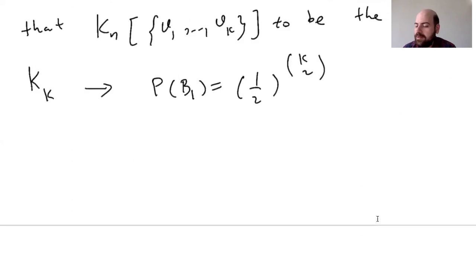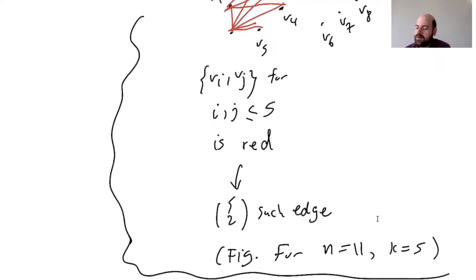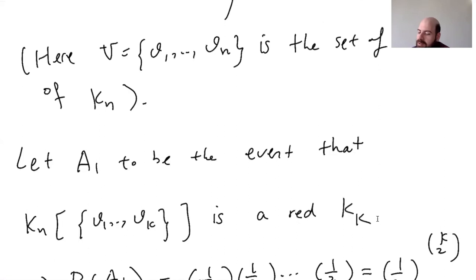And again, similarly, I can define A2 and all the way to, so how many Ai's do I have? Because remember, each Ai corresponds to one subset of V1 to Vn with k elements. So how many subsets with k elements do I have from a set with n elements? Well, obviously, n choose k.